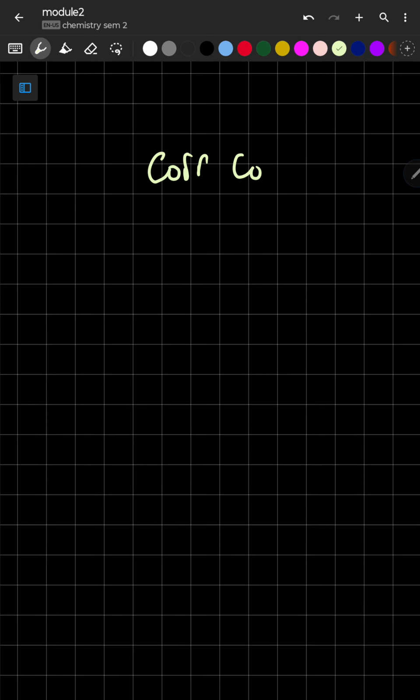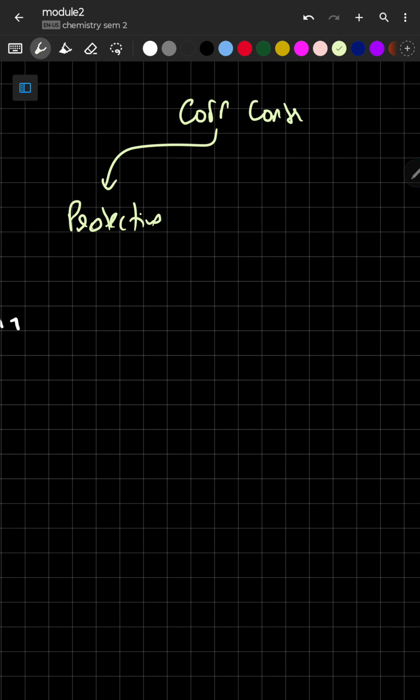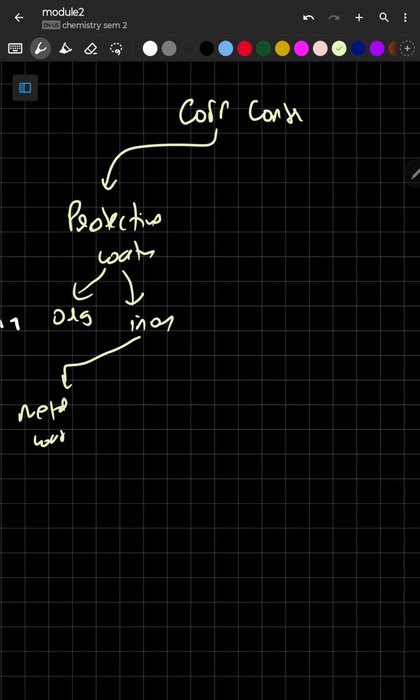Corrosion control. First one is protective coating. This is organic, that is paints, varnishes, greasing, all that, and inorganic: metal coating and surface conversion coating. In metal coating, you have galvanization and tinning, and in surface conversion coating, you have anodization.